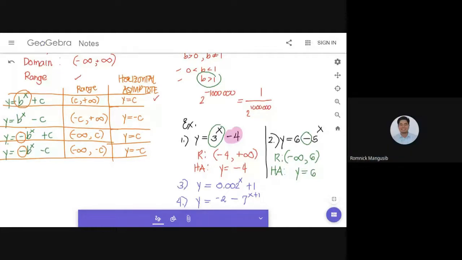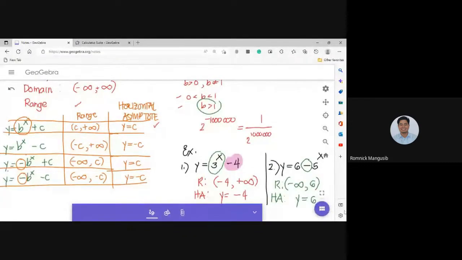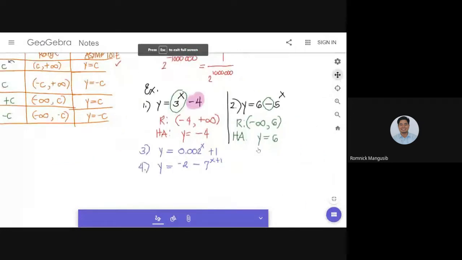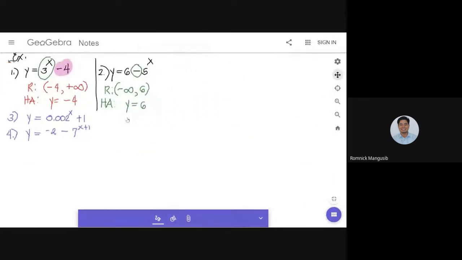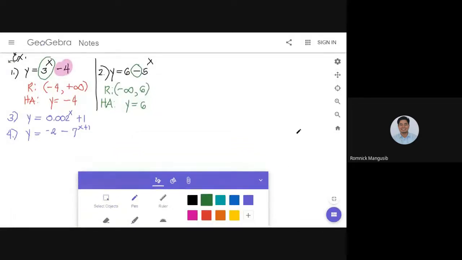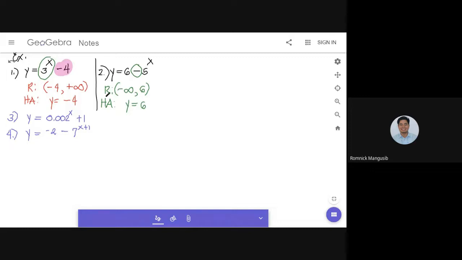Okay, so sagutan na natin. And to be able to answer it correctly, just observe first. Kailangan natin obserbahan muna kung ano ang behavior ng bawat term na makikita natin sa exponential. So here in number 3, we can see here that the constant is 1.